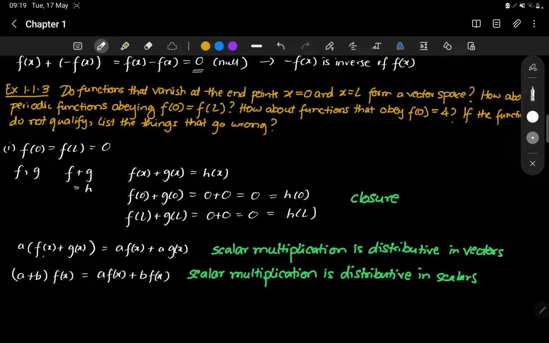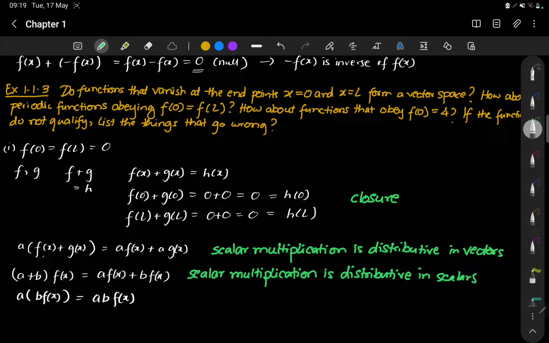So the next property is the associativity of the scalar multiplication. We have a times b of f of x is equal to a b f of x.